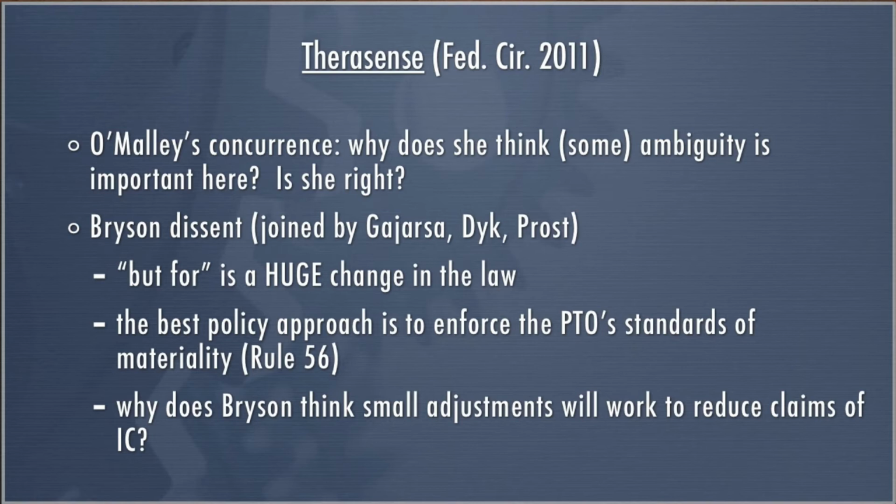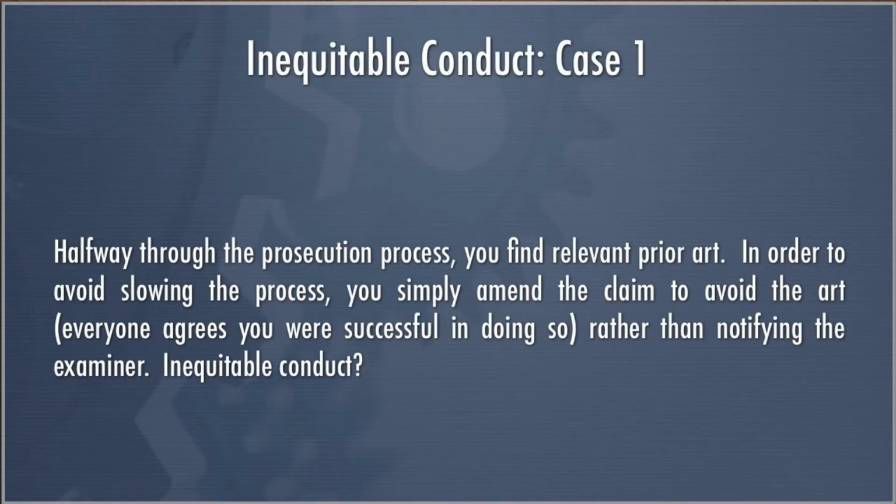Bryson, Gajarsa, Dyk, and Prost think this is the best way of dealing with this issue, and that inequitable conduct can be substantially reformed without resorting to the but-for materiality test, which is effectively going to destroy the usefulness of inequitable conduct overall.